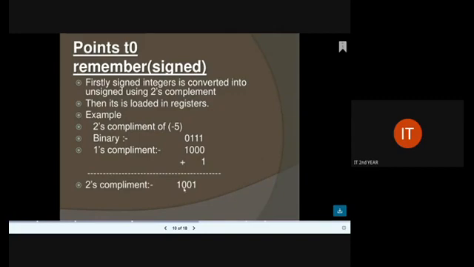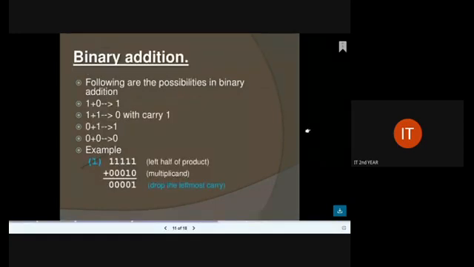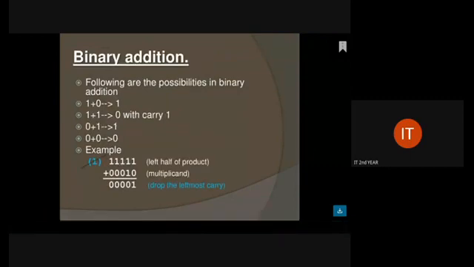The final answer will be 1011, that is 1010 plus 1. So the resultant 2's complement value is 1011, which is the 2's complement representation of minus 5. That is what we are going to process in our final addition or subtraction.